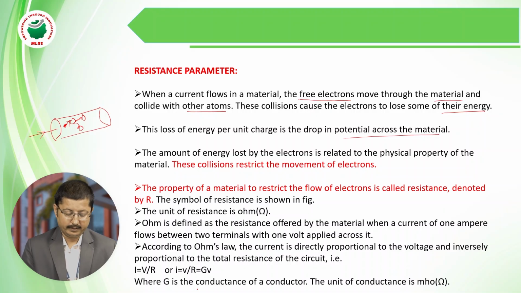So if you apply an electric field to this material, then current starts flowing into it. When current flows into the material, free electrons move through it and collide with the atoms. These atoms again release electrons, and those electrons again hit other atoms, so the collisions increase.